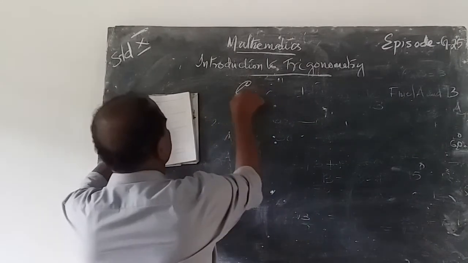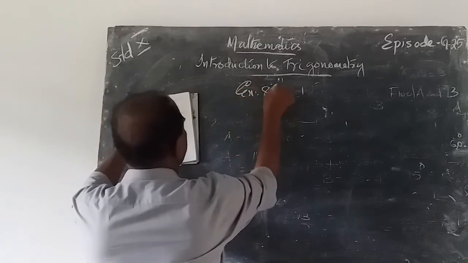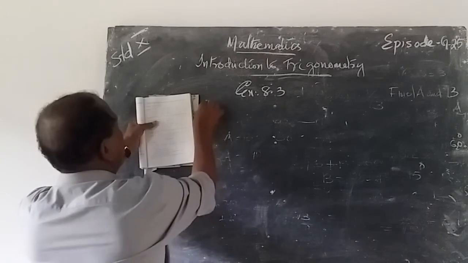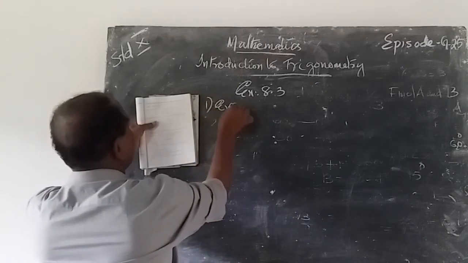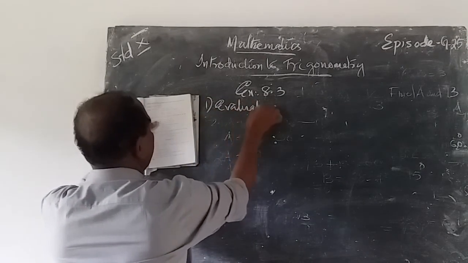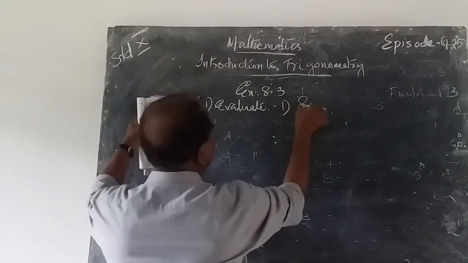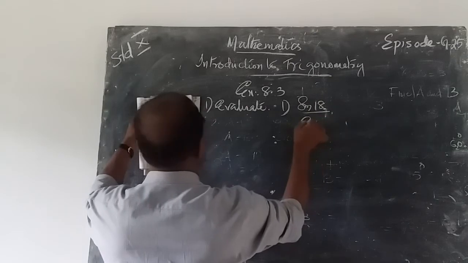Exercise 8.3. Then evaluate. Question number 1: sin 18 by cos 72.